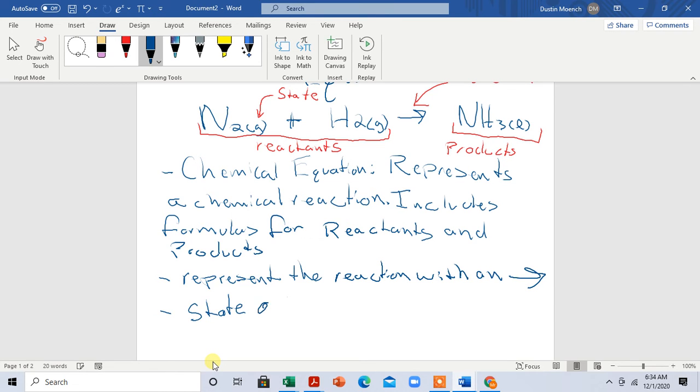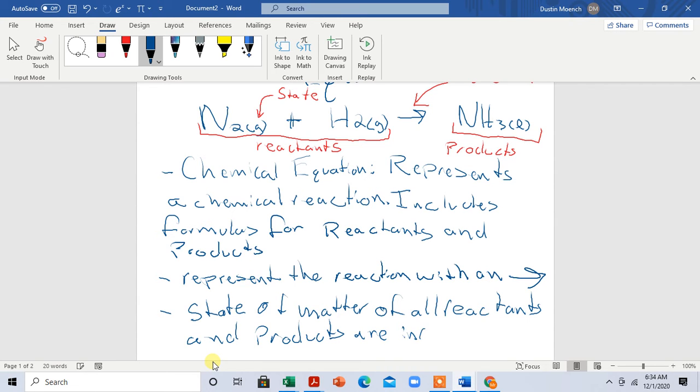The state of matter of all reactants and products are included. So this one's a gas, this one's a gas, this one's a liquid. That's what those are telling you.